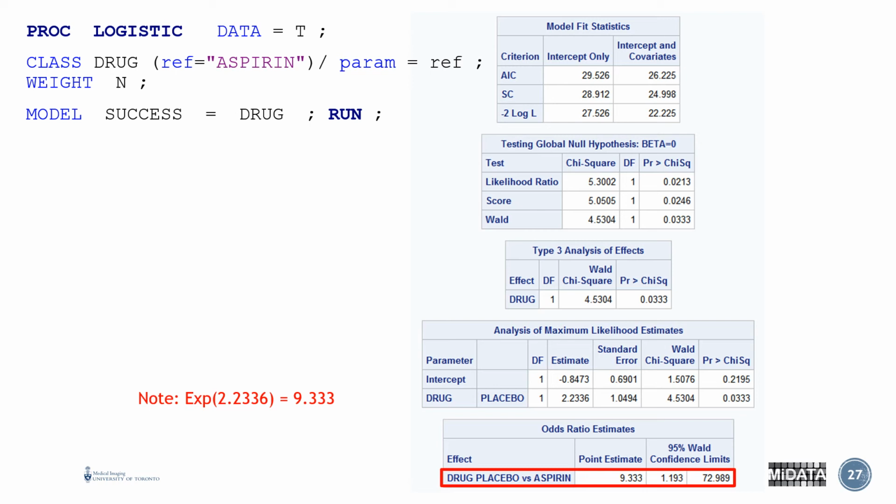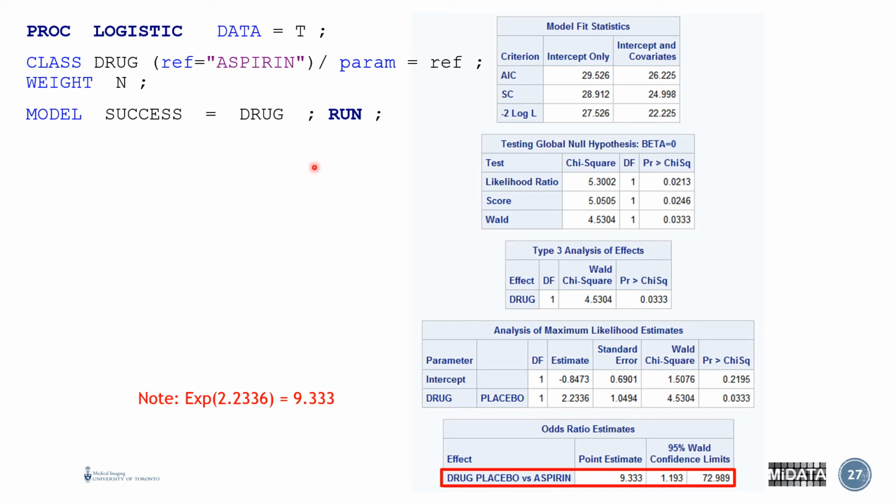Now in SAS, when you run PROC LOGISTIC, it will automatically assign you a reference, usually based on the label. If you would prefer to have another group as your reference, you need to specify this. So I've done this here in this example.